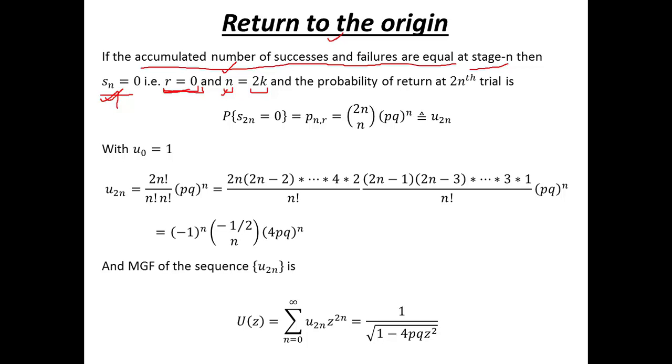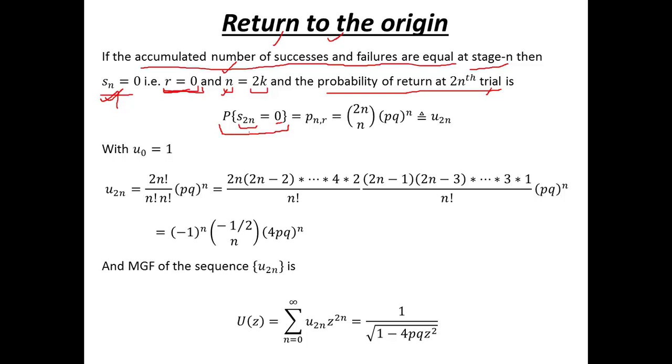So if we want to determine the probability of return at the 2nth trial, we actually want to calculate the probability of S2n, because we are calculating after the 2nth trial, and S2n returning to 0 means the value of r equals 0. So we actually want to calculate the probability of the event S2n equals 0.